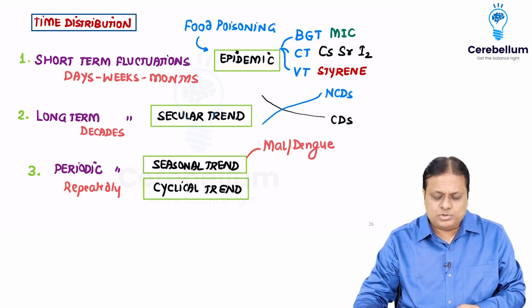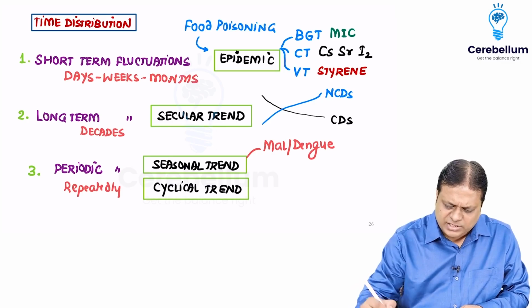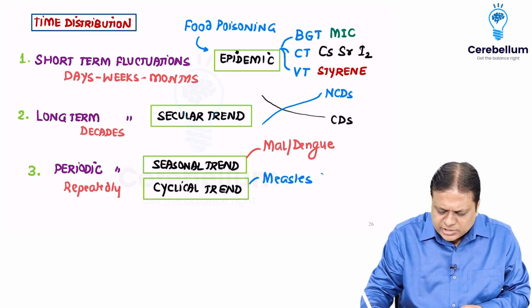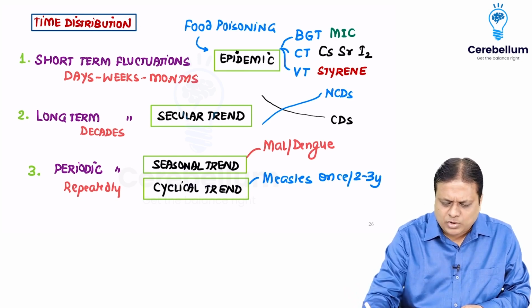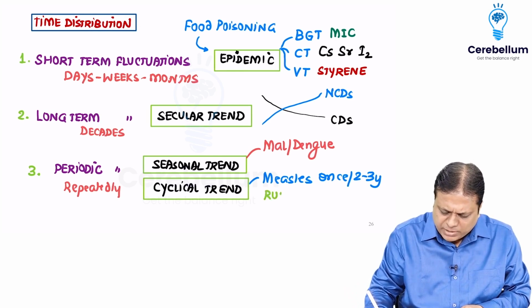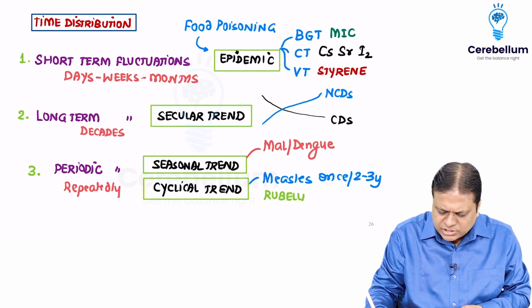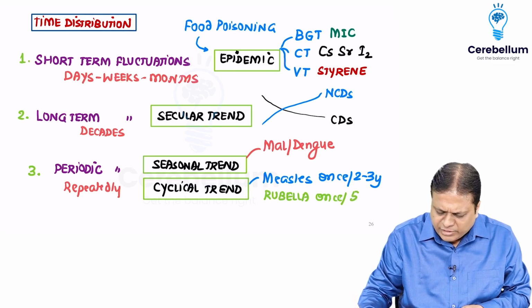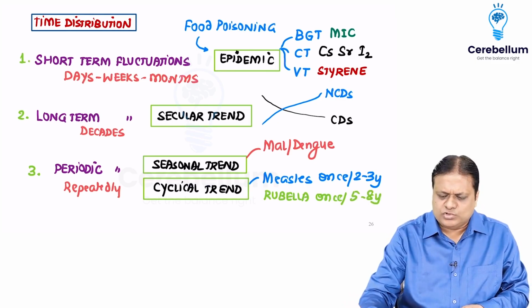These are seasonal distribution. Cyclical trend of a disease could be something like measles, which increases once every 2 to 3 years. Or it could be like rubella, a disease which increases once every 5 to 8 years or 4 to 7 years.